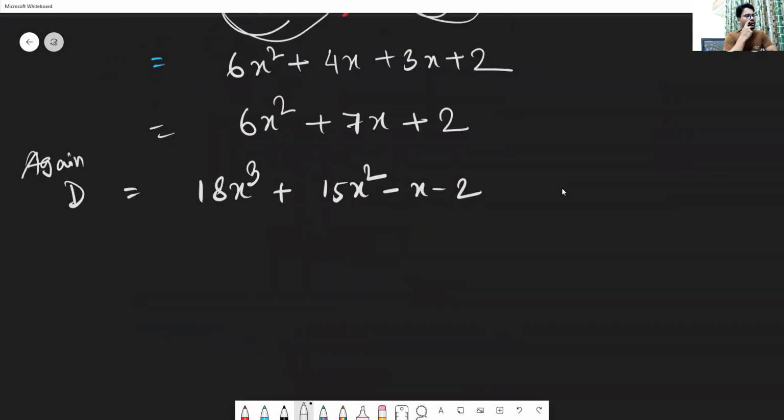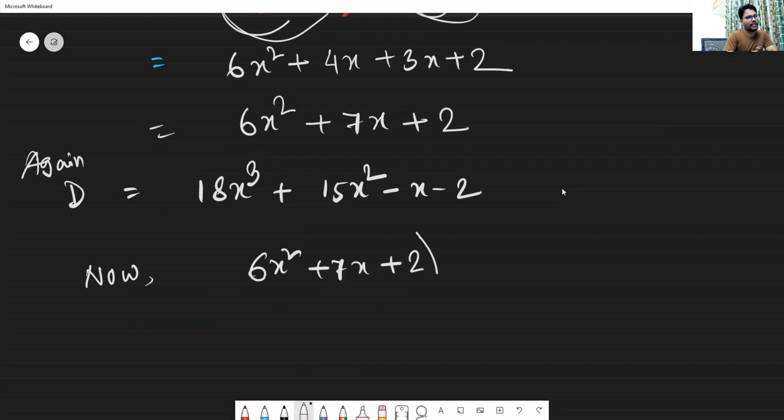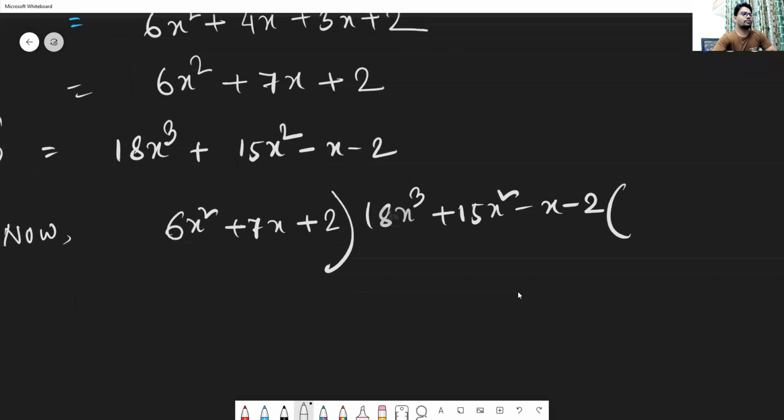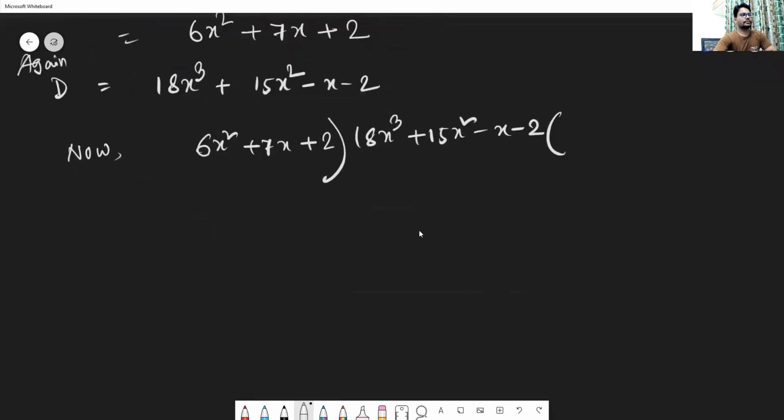Now, according to the question demand, d is divided by the product of these two factors. So now we can write here the divisor 6x square plus 7x plus 2, and the dividend 18x cube plus 15x square minus x minus 2.